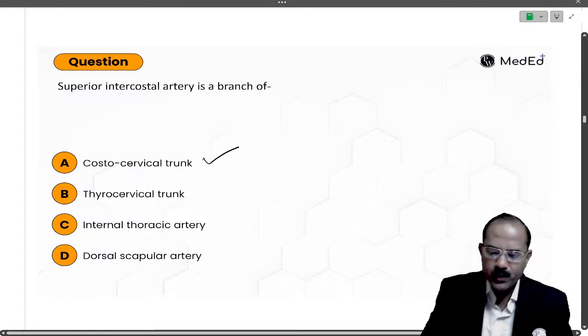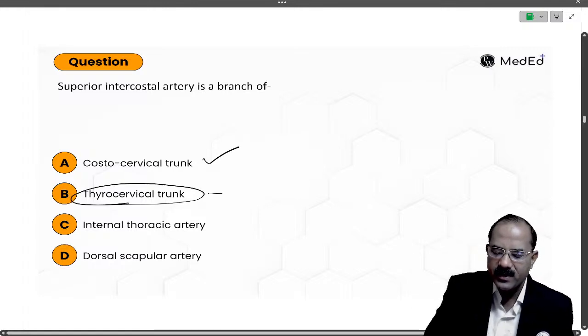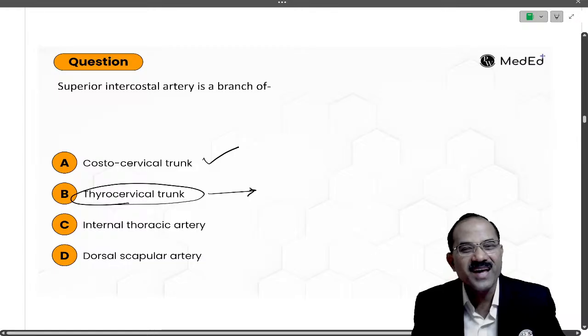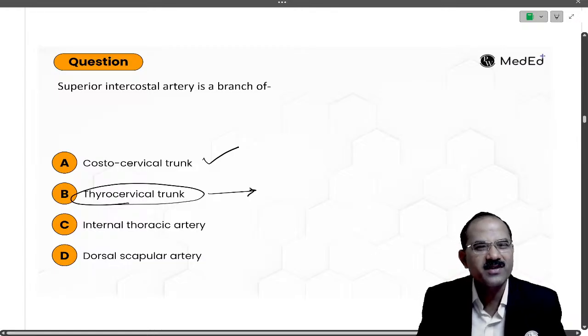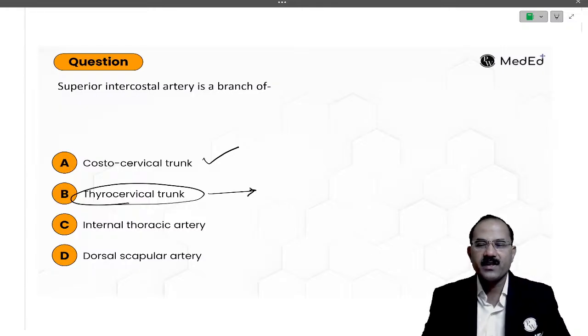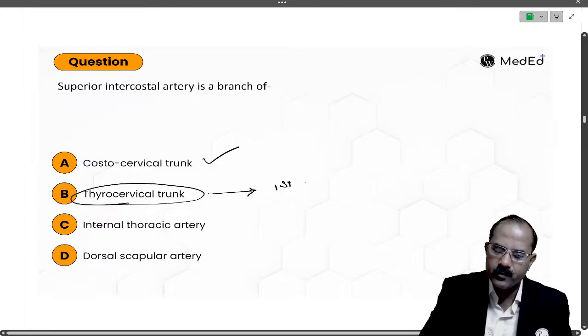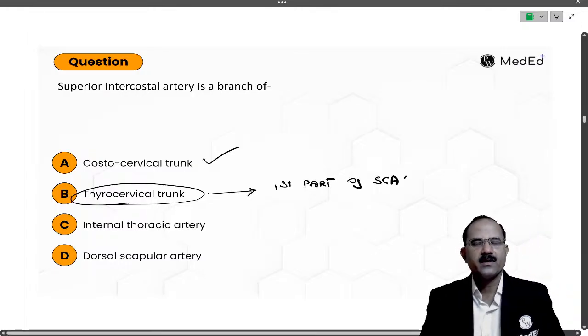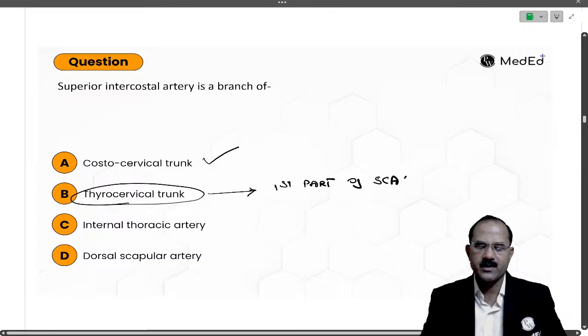Children, do you know the thyrocervical trunk? It's a branch of what? Excellent, very good. Thyrocervical trunk is a branch of the first part of subclavian artery.